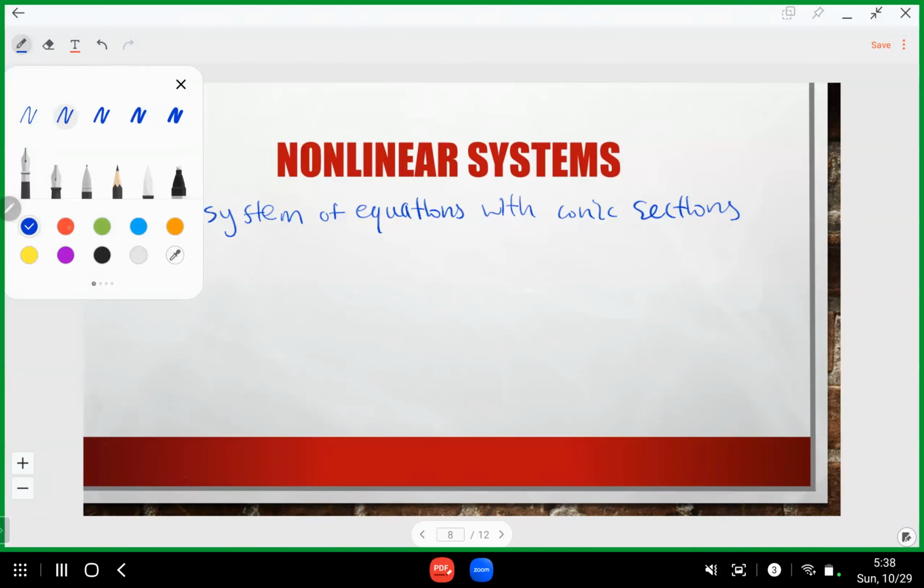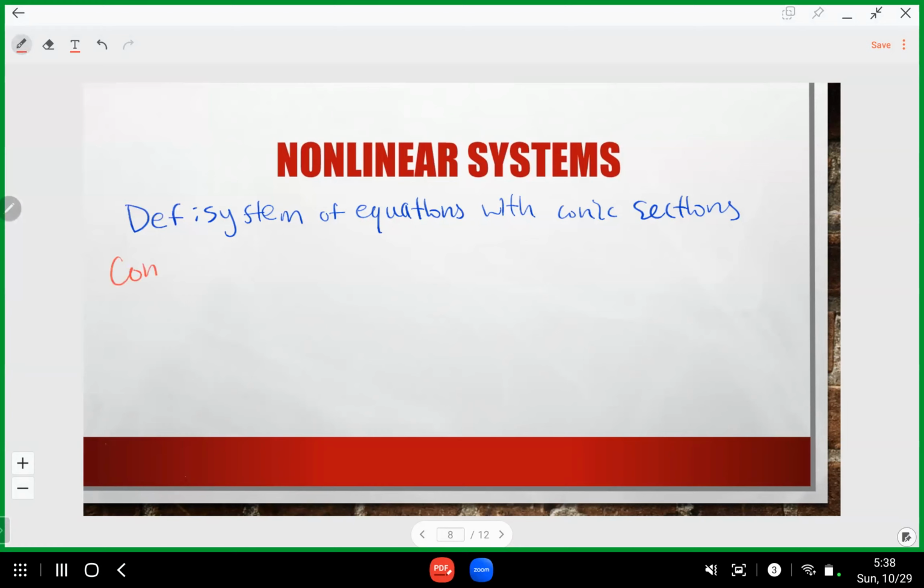So this is a conic section and a line. So you can have an ellipse and a line with no intersection. This is no solution. Or we could have something like a line and a parabola.